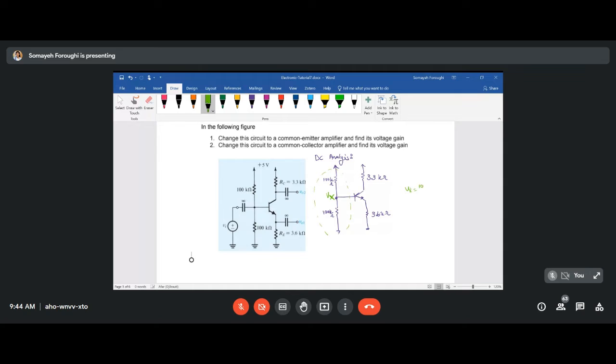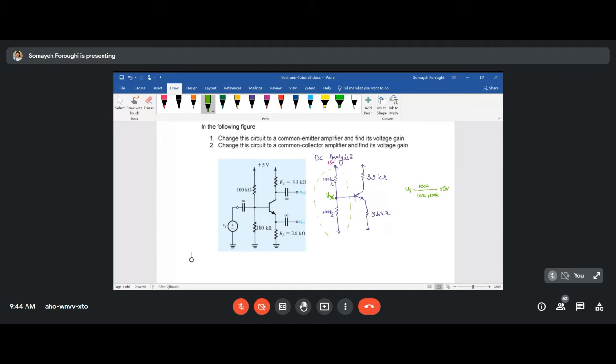Vx will be 100K over 100K plus another 100K, this is voltage division, times the VCC voltage, which is 5 volts. So you can either go this way and find your Vx equation, or you can use the Thevenin Norton method.